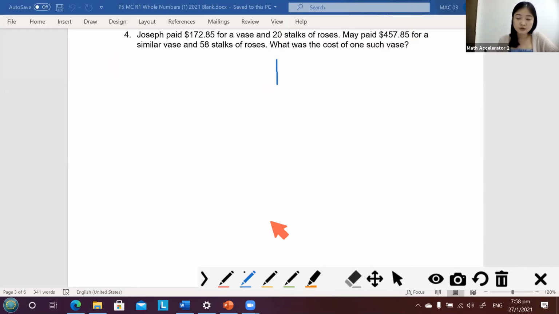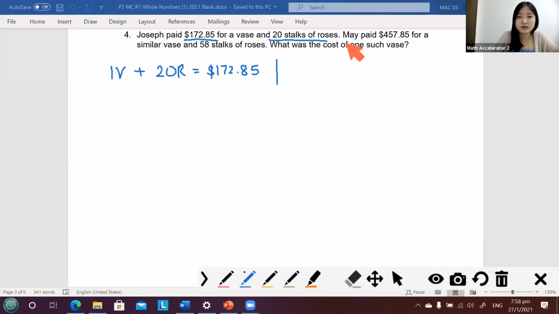Okay, so to help those of you who are still stuck at the start, we write down our equations first. So 1 vase plus 20 stalks of roses. So we put 20R here. This equals $172.85.